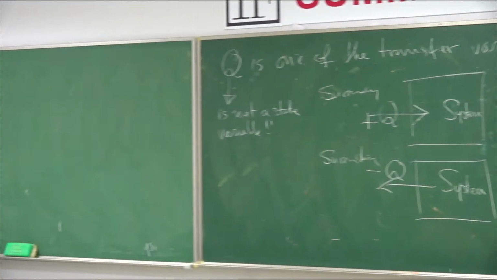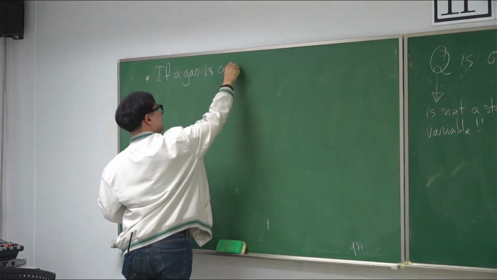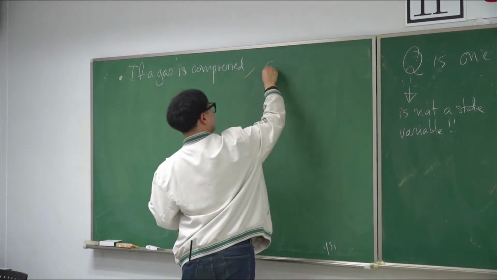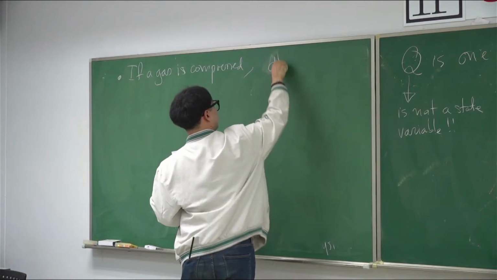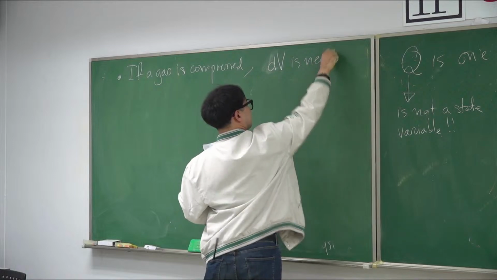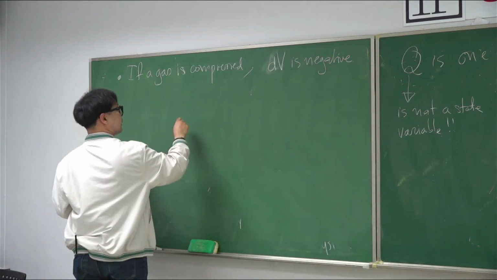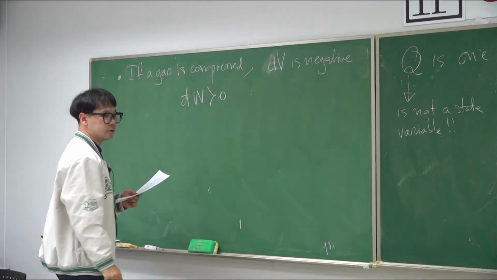So if a gas is compressed, your dV is negative, and this one, the work, is greater than 0.